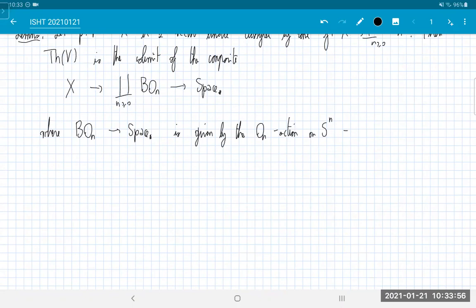And this, of course, fixes the point at infinity because it's just acting on R to the n, fixing the point at infinity.